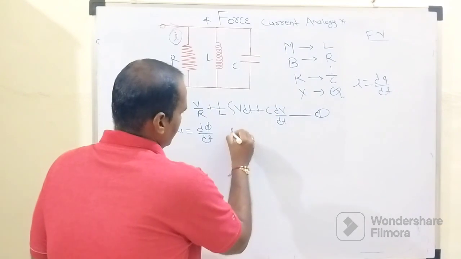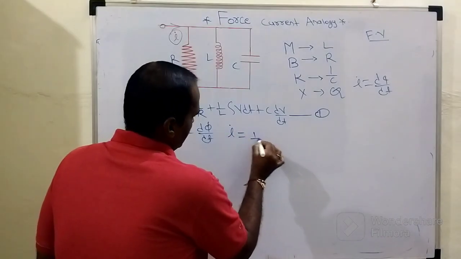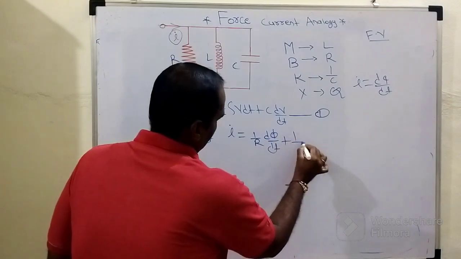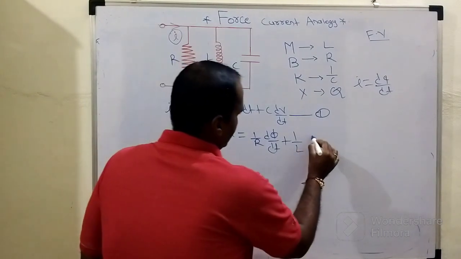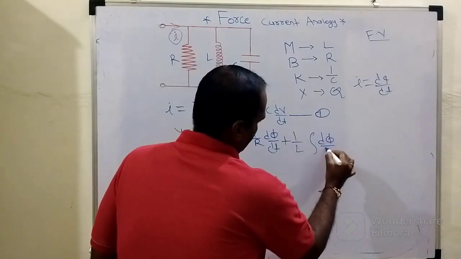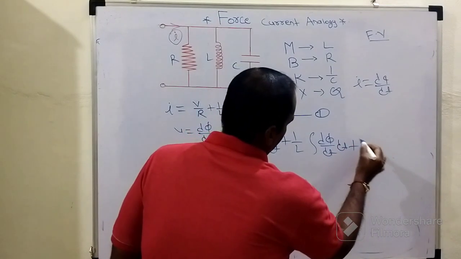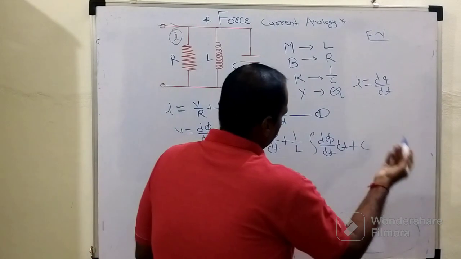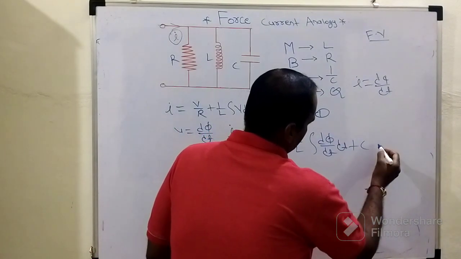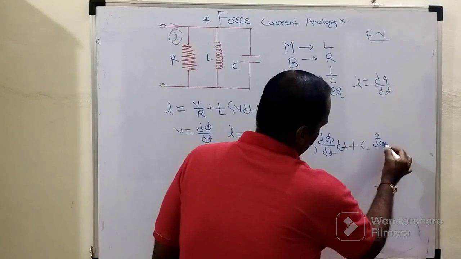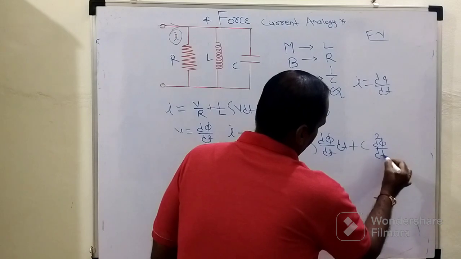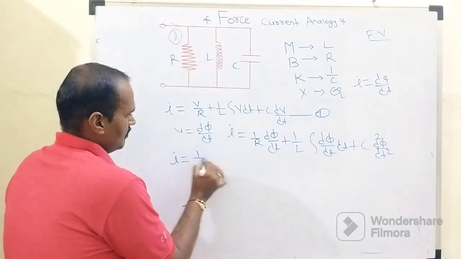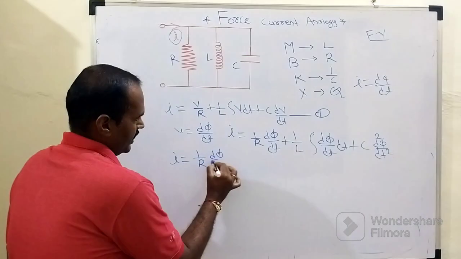As a result, the equation will become 1 over R into d phi by dt plus 1 by L integral of d phi by dt into dt plus C into dV by dt, where V is d phi by dt, so it becomes d square phi upon dt square.